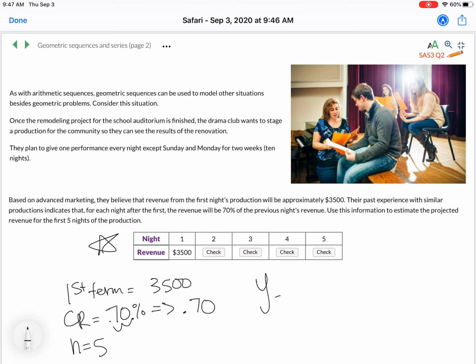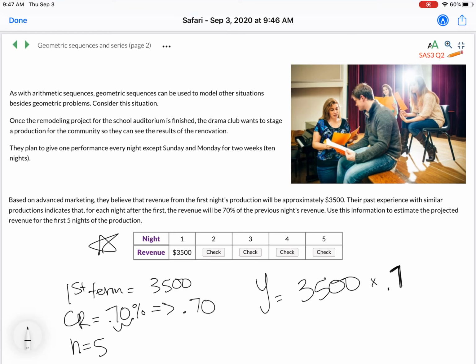So our function rule, we learned this yesterday. First term. And yesterday, we added because we were doing linear. But today, we are doing exponential. So we are going to multiply by our common ratio.